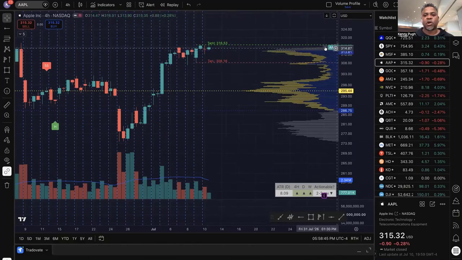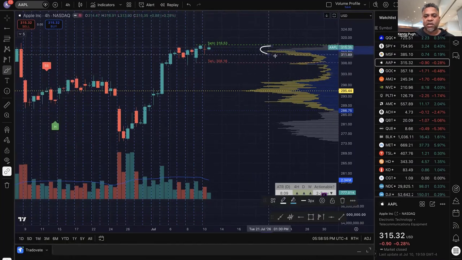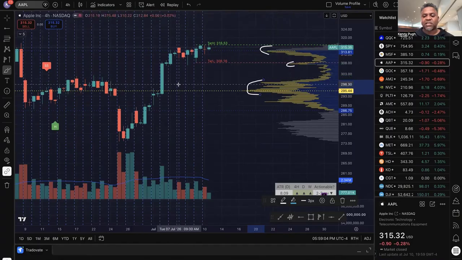If you look at my chart over here to the right, you'll see the visible range volume profile. As part of this exercise, you'll start to see these things called nodes. We see a node here, a little node here, and this node right here. This is the most transactions that have taken place over this time frame.